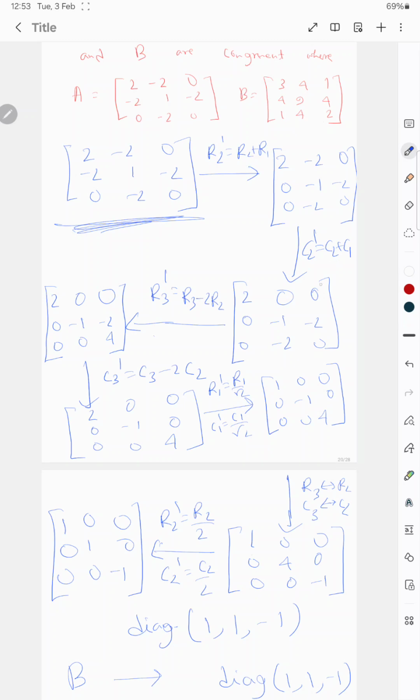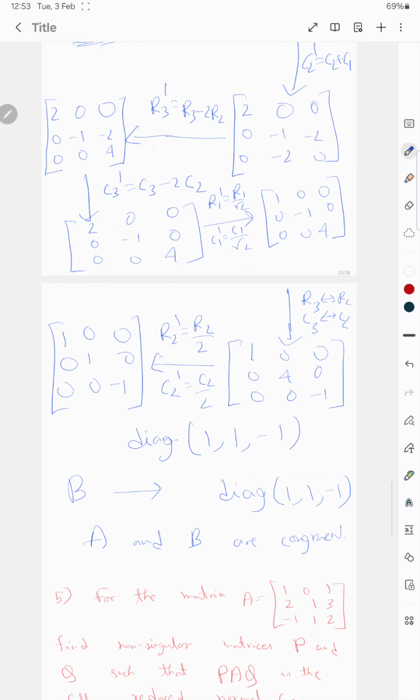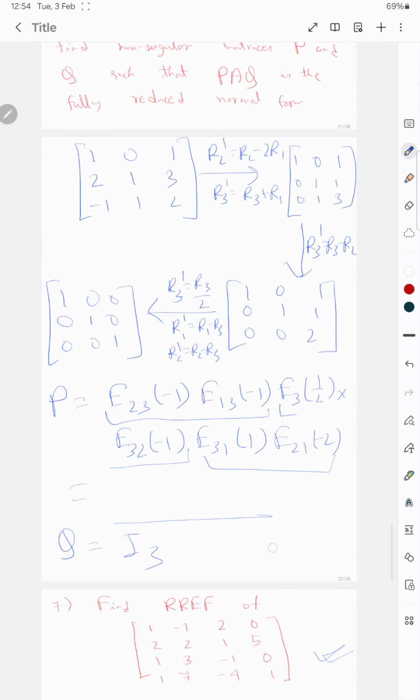In this way if you complete this, you will get this type of thing. So from there you will say the index is 2, and signature will be 1, and rank is full, that is 3. That's it. In this way you have to complete this type of problem.